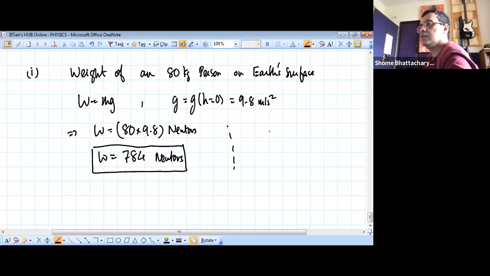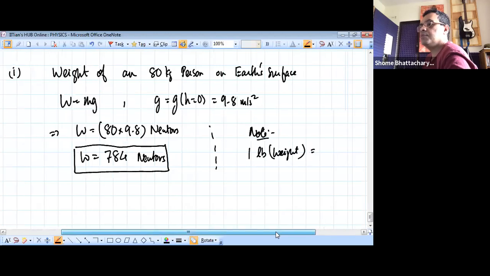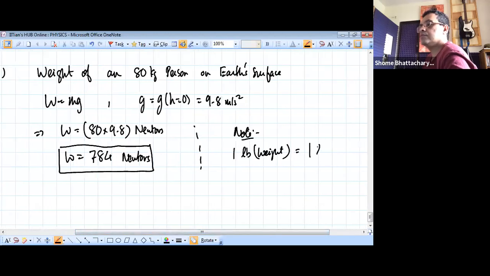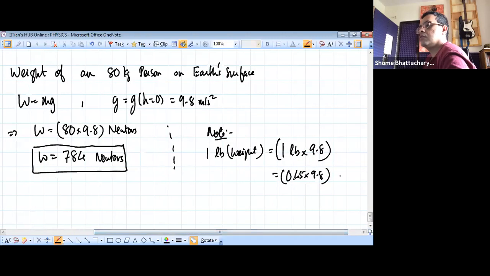Now the other thing is that we say that 1 pound weight is equal to a mass of 1 pound multiplied by 9.8, so 1 pound, if we express in weight, means so many newtons.